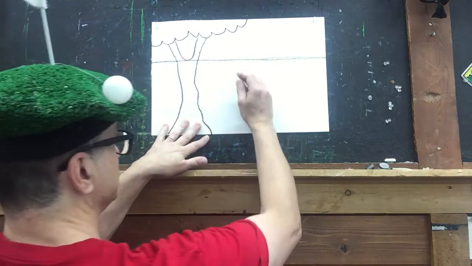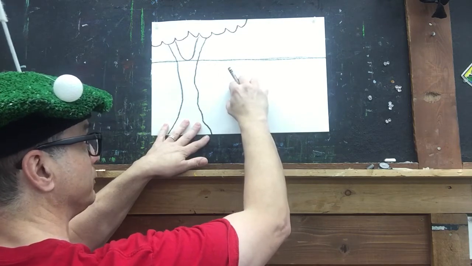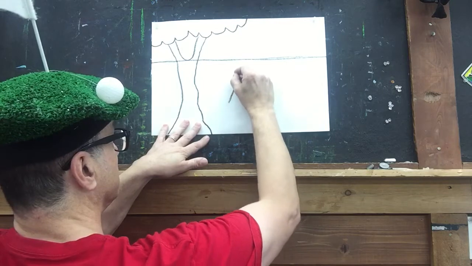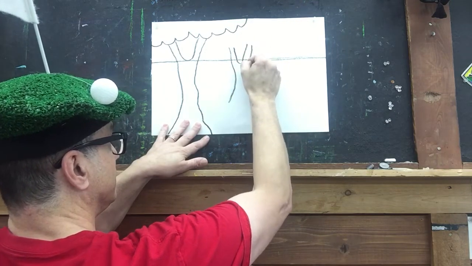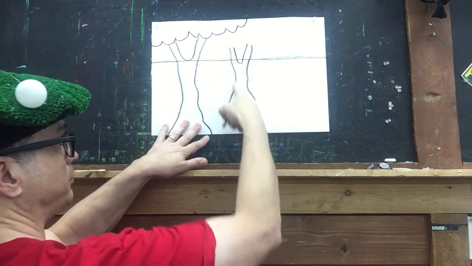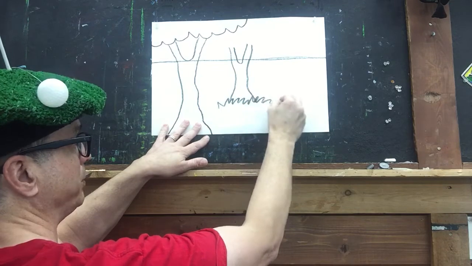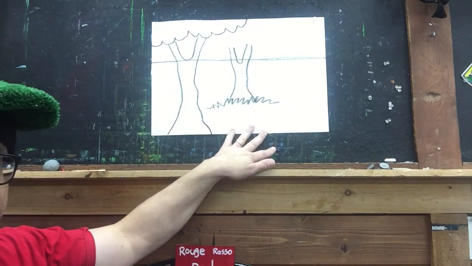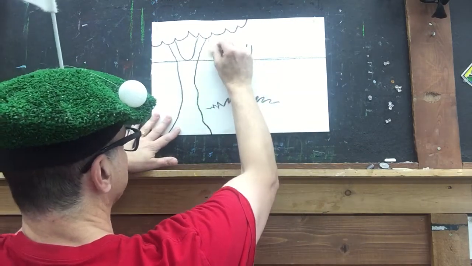Now I'm going to do another tree. The bottom of this tree is going to be in the middle ground of my picture. All I'm doing, to do it kind of quick, is leaving the space open. I'm going to give this one a little grass at the bottom of the tree. 4th grade knows when I do that, that's called seating the tree, giving it a place like it's sitting where it needs to.